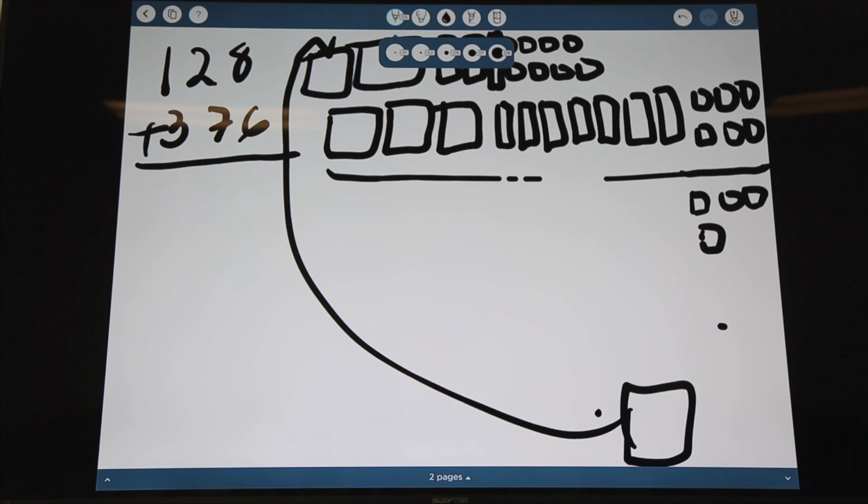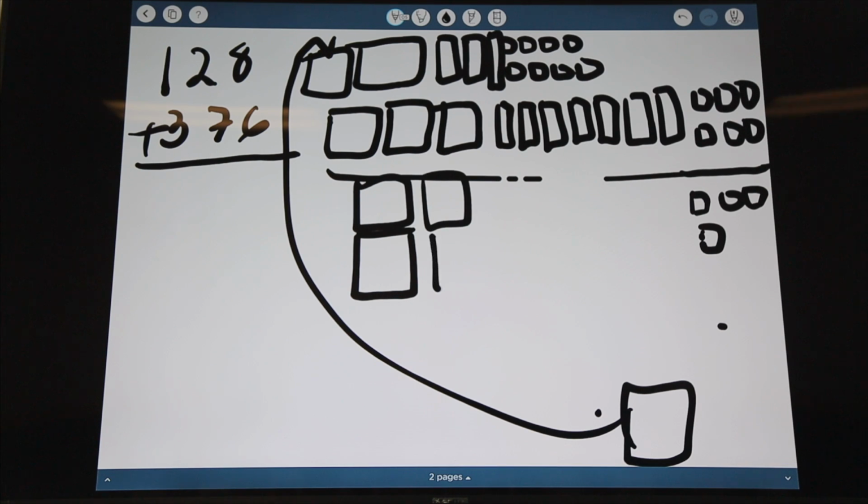How many hundreds do we have? 1, 2, 3, 4, 5. That's one digit. Does that fit? Yes, the one digit fits. So we got 1 square. 1, 2, 3, 4, 5.